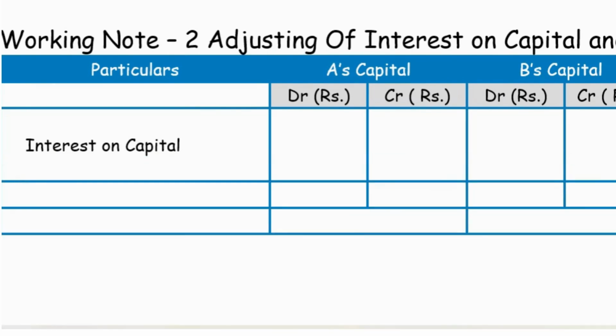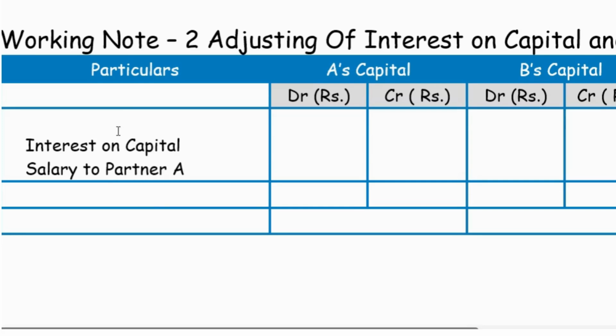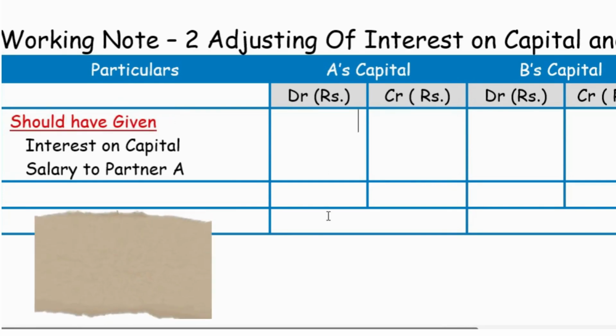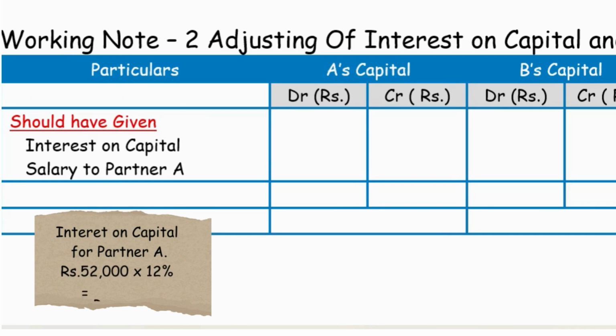The partner is entitled to a salary, partner A, salary to partner A. The firm should have given this before, but they have not given this. They have not considered this transaction. They should have given it. What is the interest on capital? Interest on capital is given in the question as 12%.